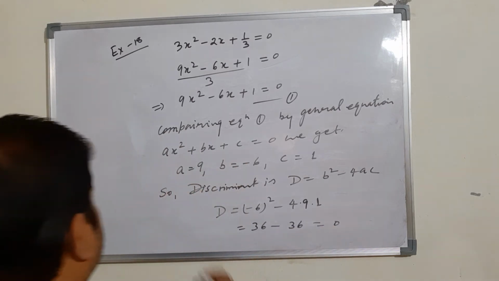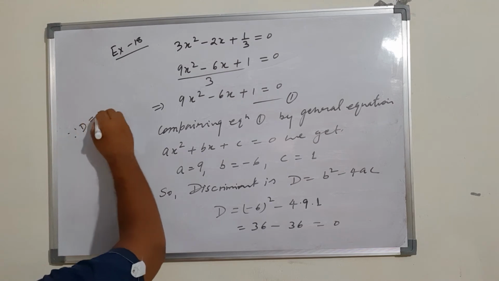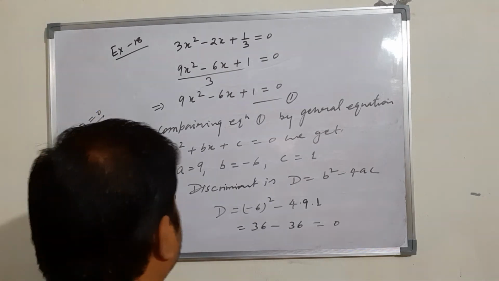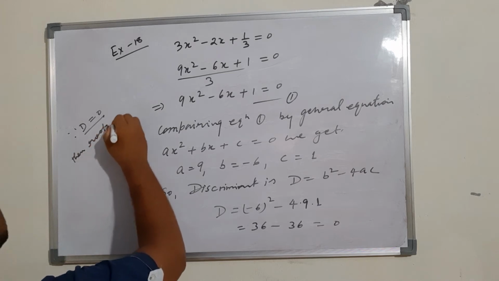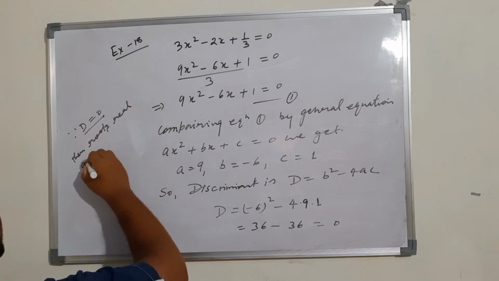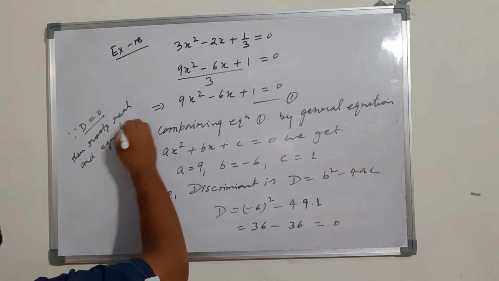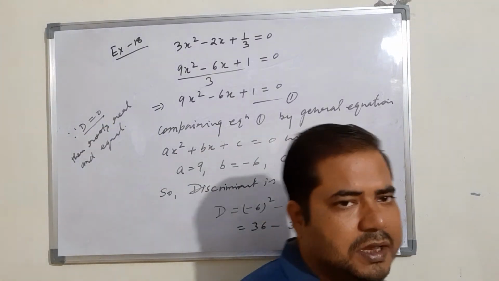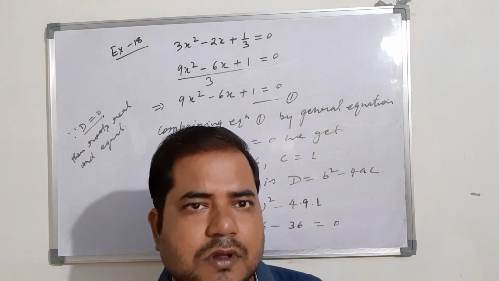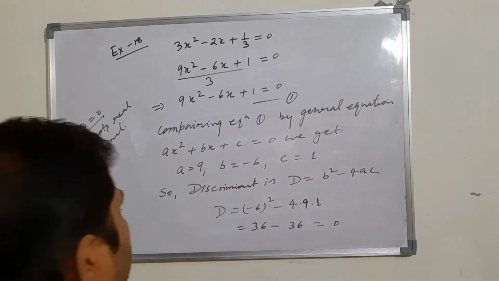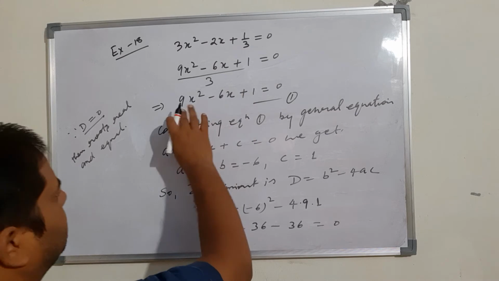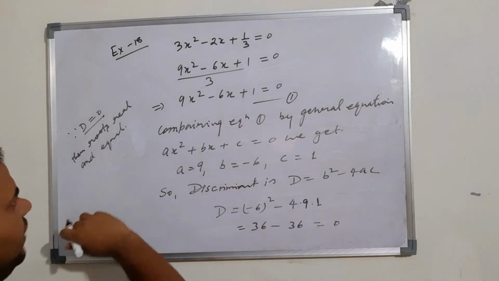So since D is equal to 0, roots are real and equal also. Because of real roots, we have to find the roots by factorization method, or simply by formula.